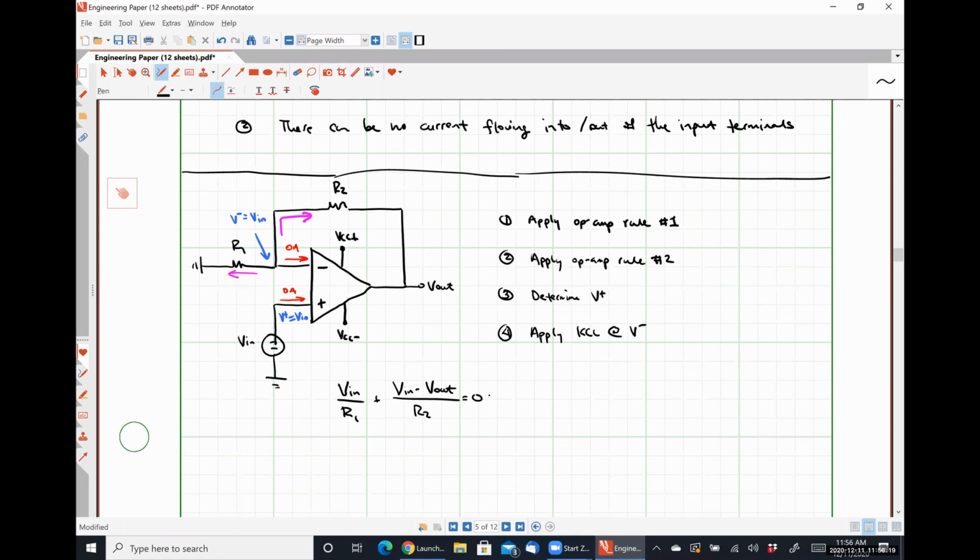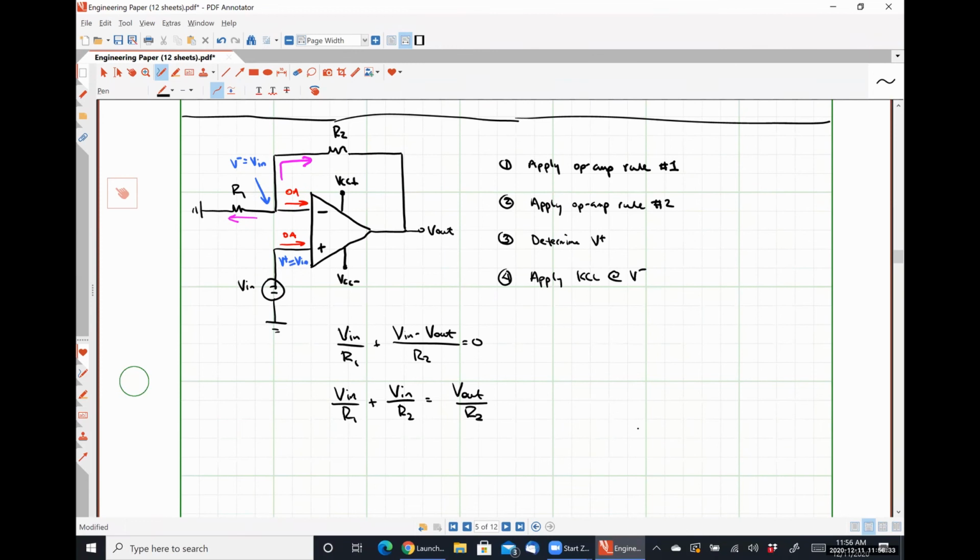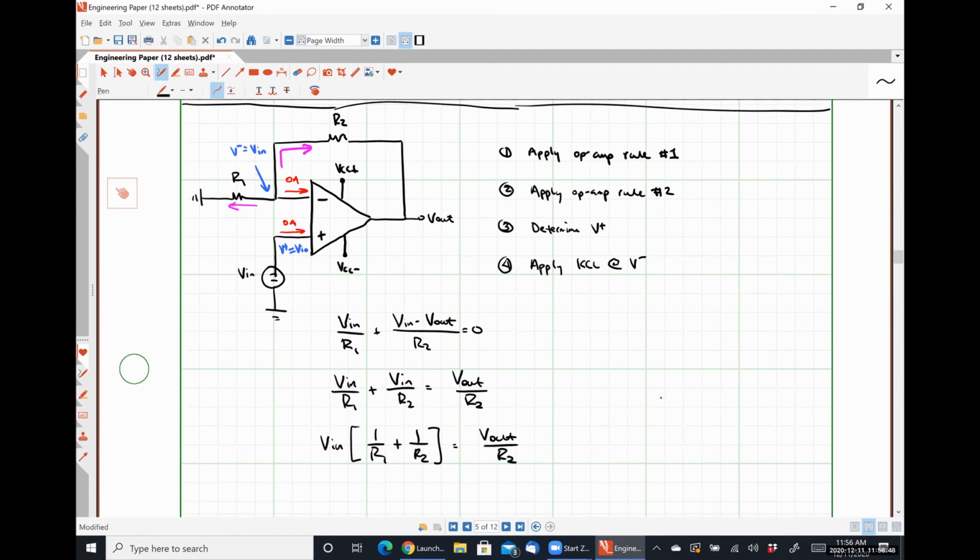I'm going to do a little bit of algebraic manipulation here. So this is Vn over R1 plus Vn over R2 is equal to V out over R2. This is the same as Vn times 1 over R1 plus 1 over R2 equals V out over R2.